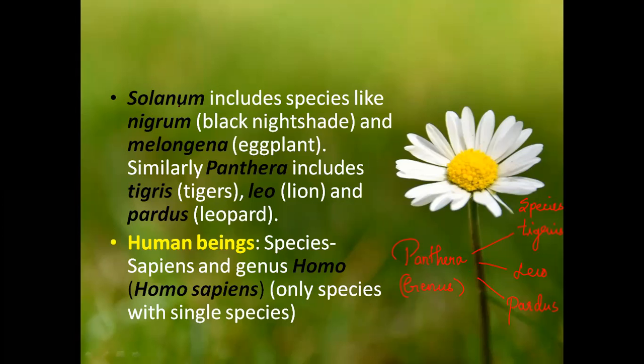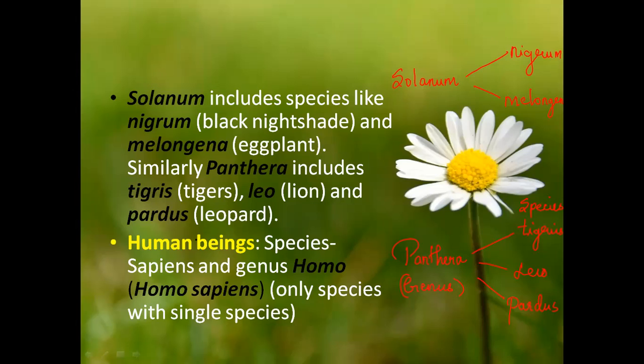The same as Solanum, which includes nigrum and melongena, that is brinjal. So Solanum has Solanum nigrum and Solanum melongena. One genus has two species.